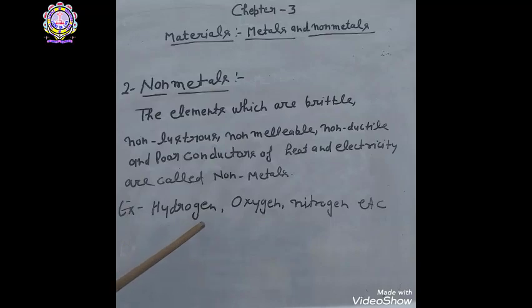For example, hydrogen, oxygen, nitrogen are all non-metals. They are not hard and shiny. They are found in nature in gaseous, solid and liquid states. Bromine is the only non-metal that exists in liquid state.